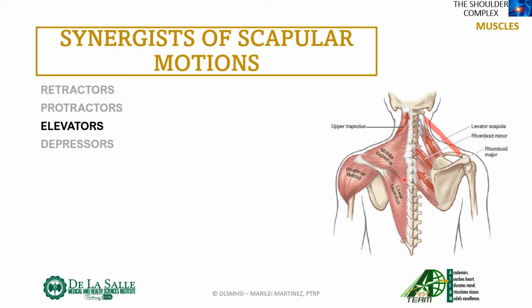Is that important? Yes, it is important. So for you to better understand why, let's apply it in clinical scenarios. If there is a pathology that is causing weakness on these muscles, for example, affectation of cranial nerve 11, which innervates your upper trapezius, or lower motor neuron lesions that cause weakness on these muscles, it will result in gravity, which is always going down, towards the core of the earth.